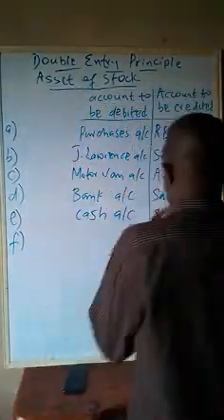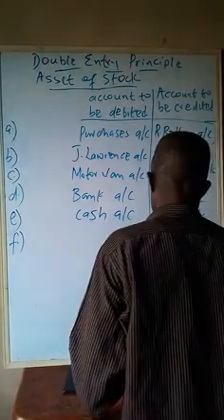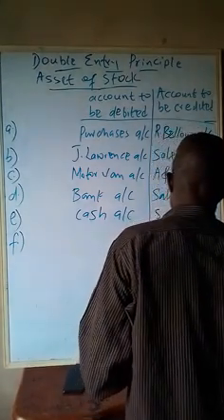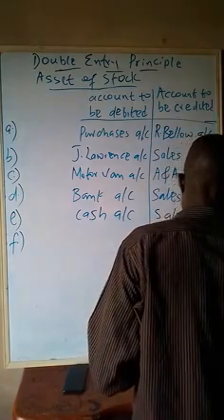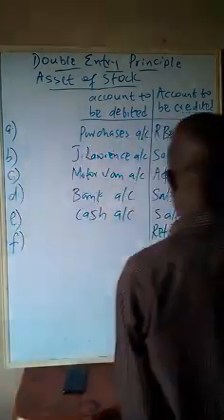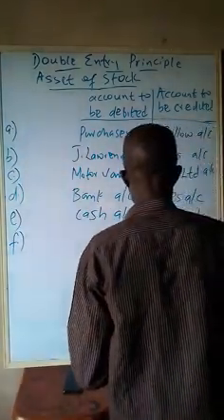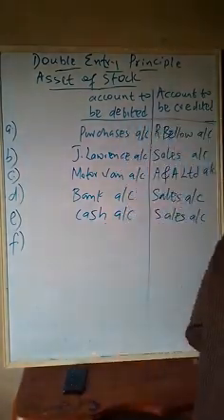That means you credit return outward account. The space is not big, we have to manage it.